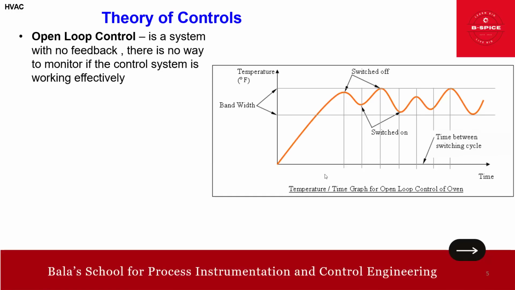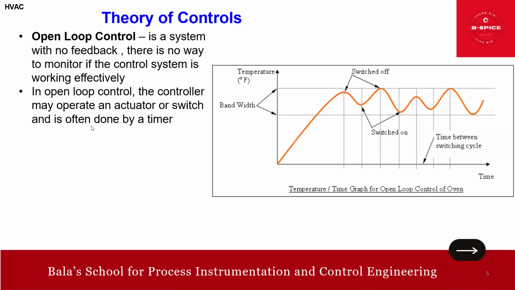If you can see here, this is your time and this is your temperature, and this is your switch function. Yes, open loop function. It's just switched off, then on, here again off, then on, like that. It's cycling actually. So you can see the bandwidth and also the time between the cycling. In an open loop, the controller may operate an actuator or a switch and is often done by a timer, based on the time.